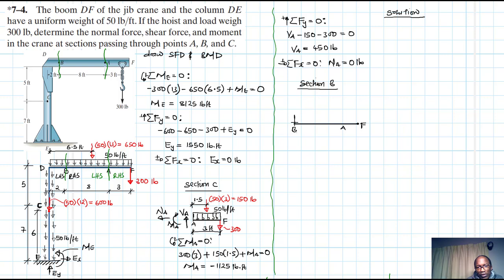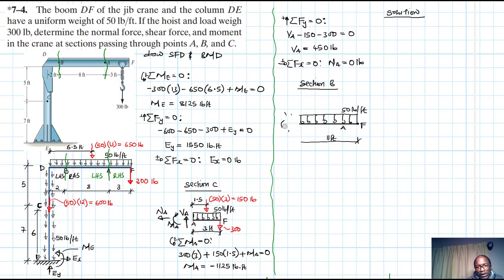We have a distributed force here, like so, and this intensity is 50 pounds per feet. The length of this from F to B is 3 plus 8, which is 11. Okay, so we have here VB. We have the moment. I've run out of space.